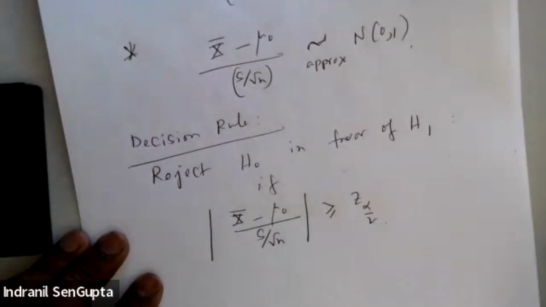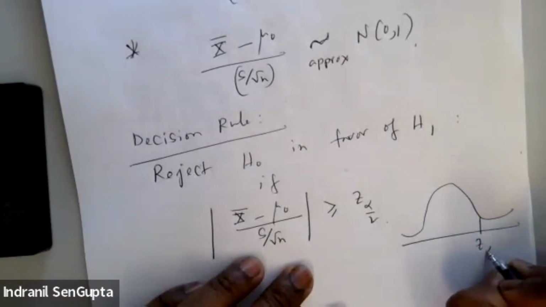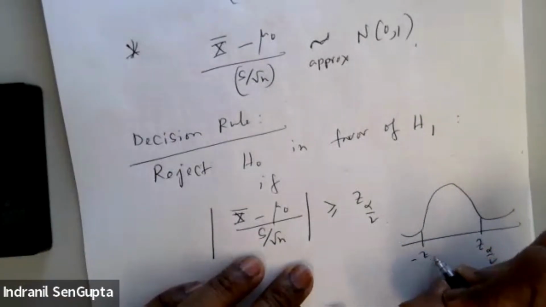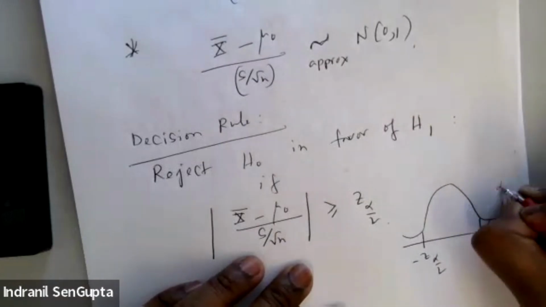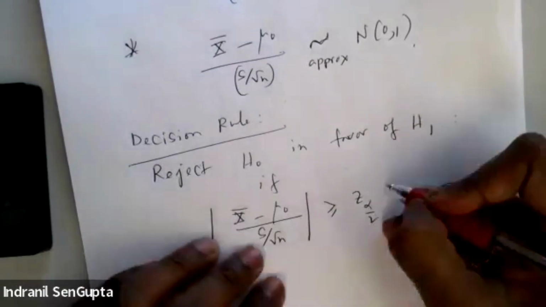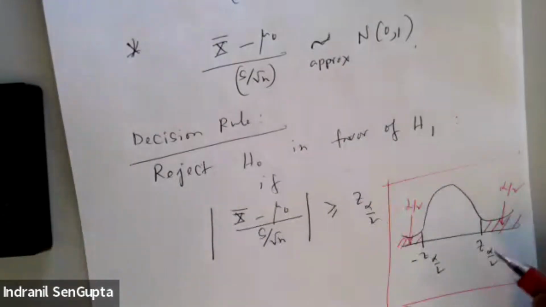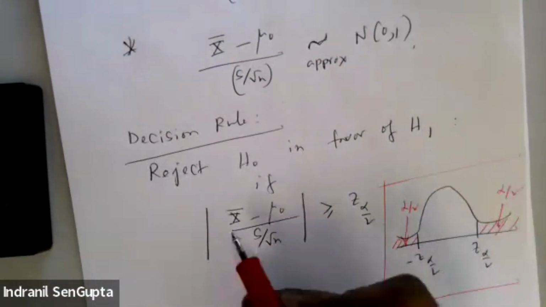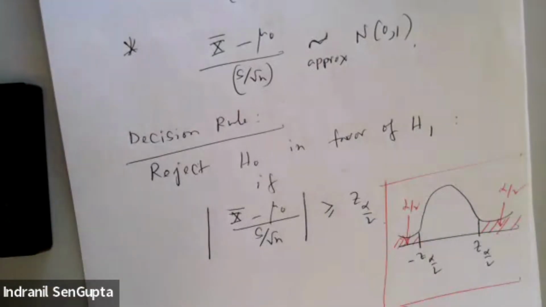Basically we have z of alpha over 2 and minus z of alpha over 2. This region here is alpha over 2, and this region here is alpha over 2, too. As long as this quantity is in one of the two regions, we are saying that x bar is far away from mu 0. Okay? So that is the decision rule.